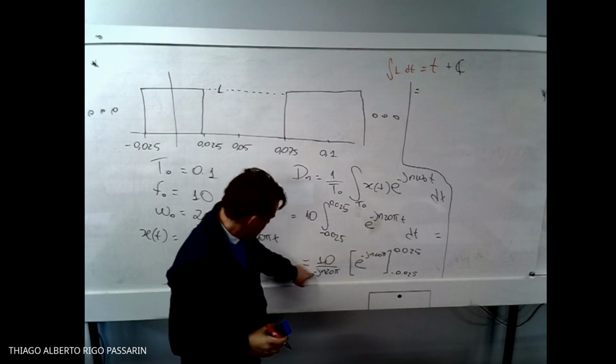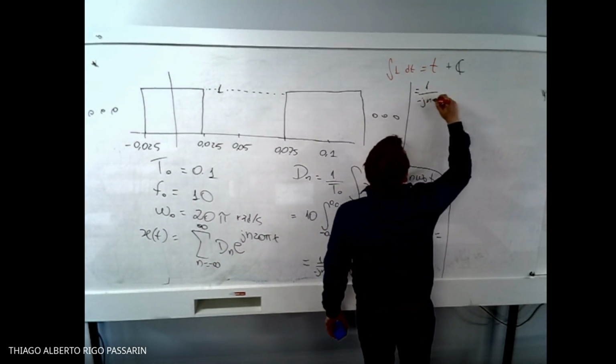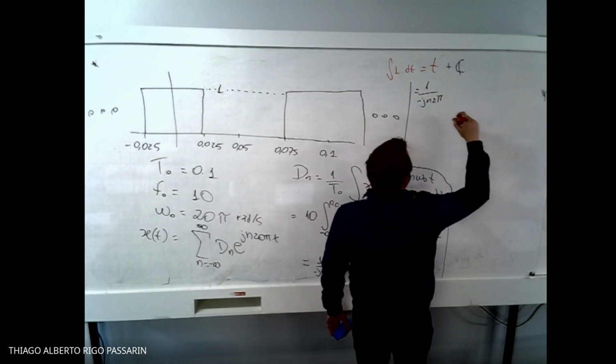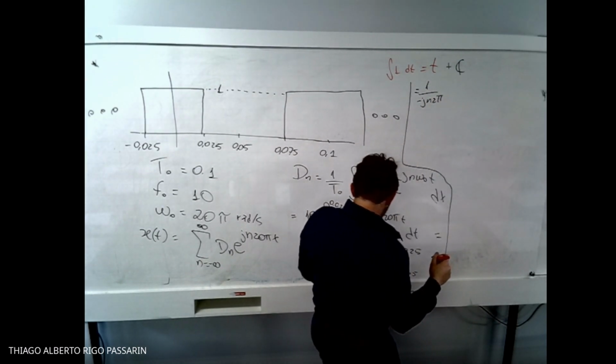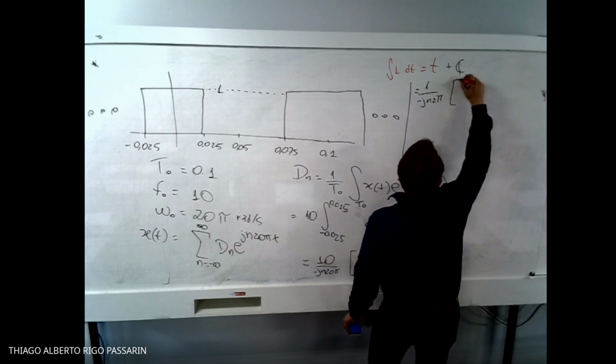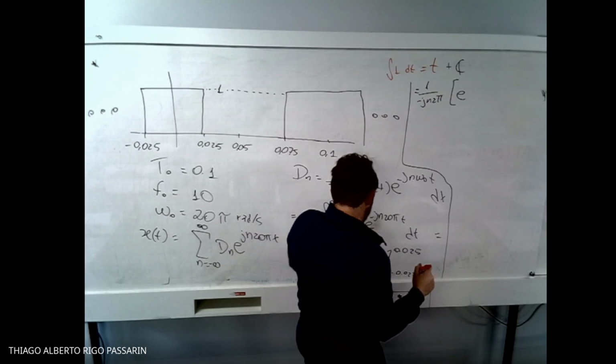So 1 over minus j, and 2 pi, and then e to the minus jn 20 pi.